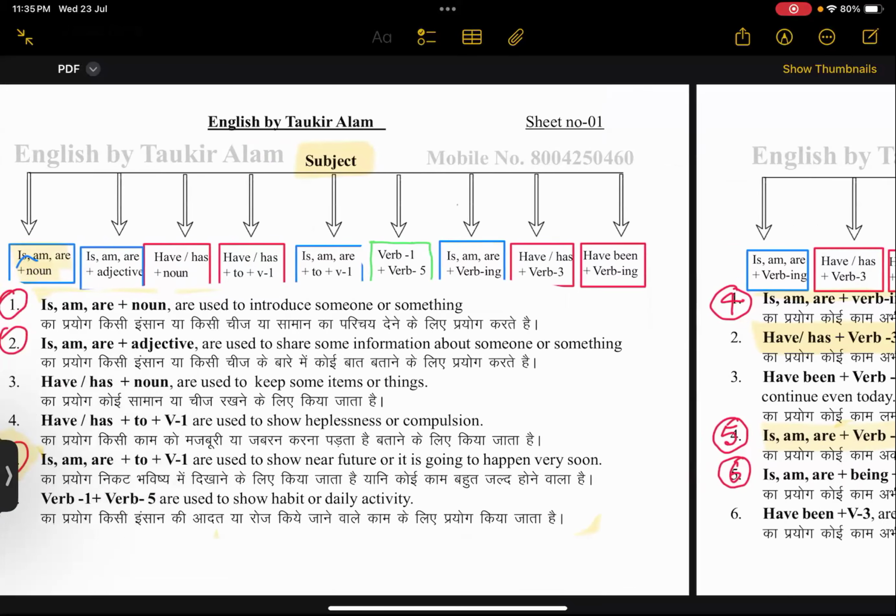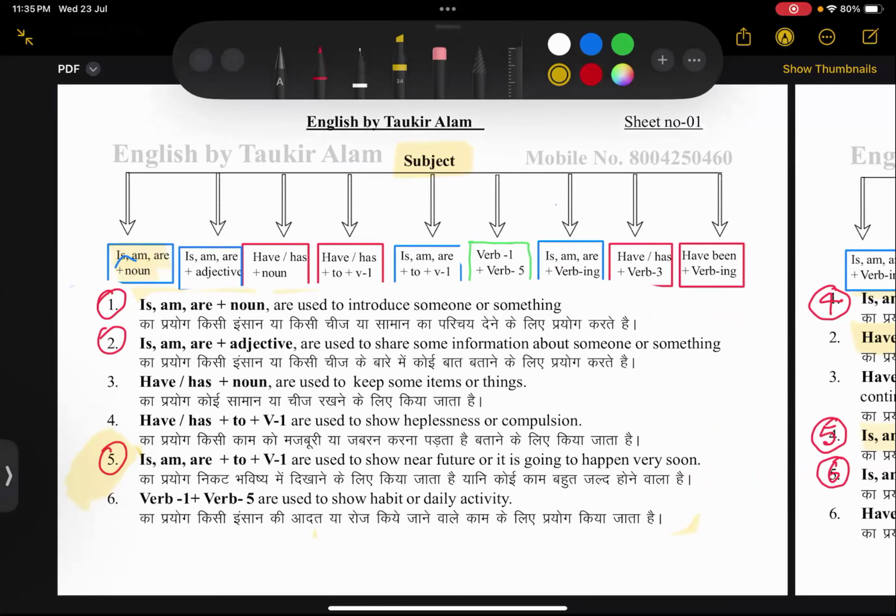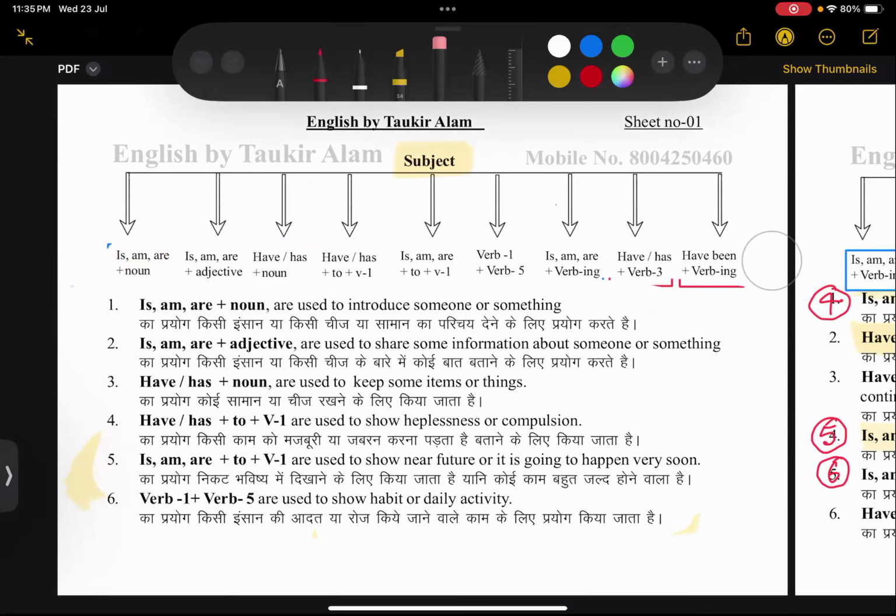Dear student, yesterday we were talking about where you can use is, am, are, and what should be its situation.